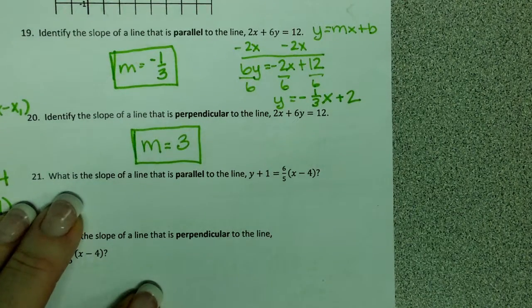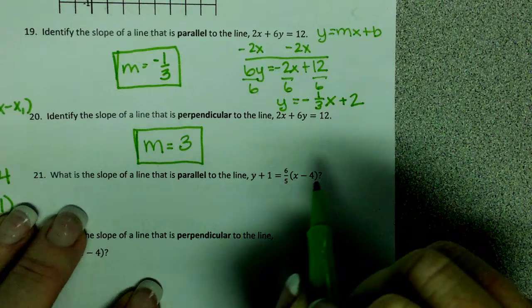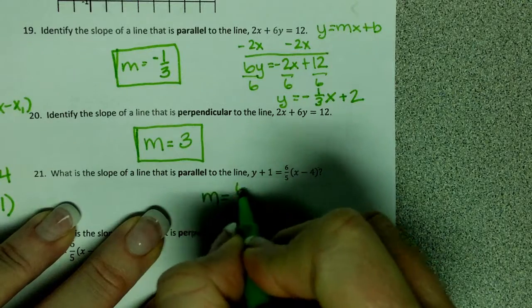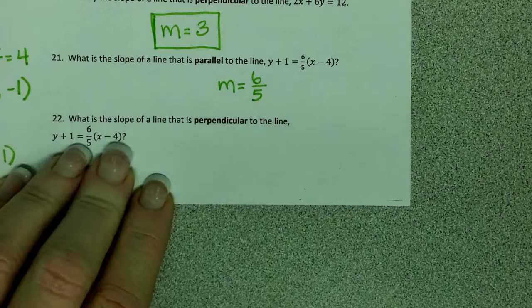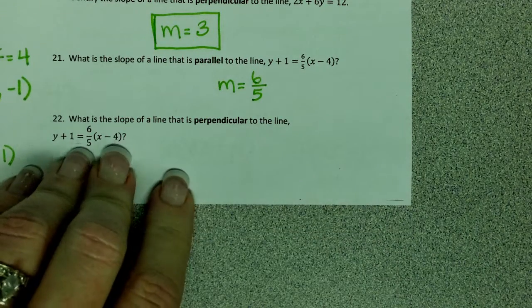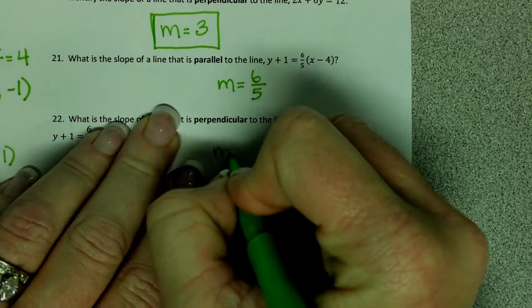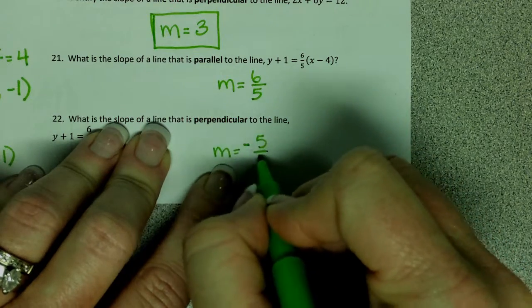Number 21: what is the slope of a line that is parallel to the line y plus 1 equals 6 over 5 times x minus 4? 6 over 5. Last one, 22: what is the slope of a line that is perpendicular to the line y plus 1 equals 6 over 5 times x minus 4? Negative 5 over 6. Very good. It's the opposite reciprocal, which is negative 5 over 6.